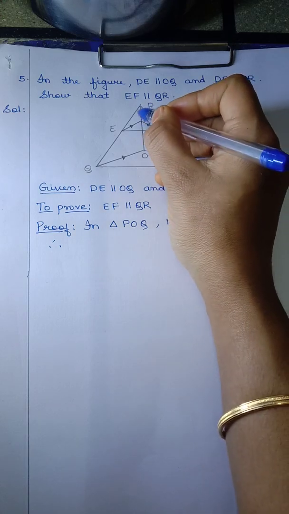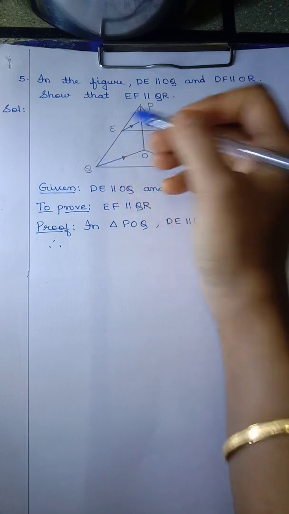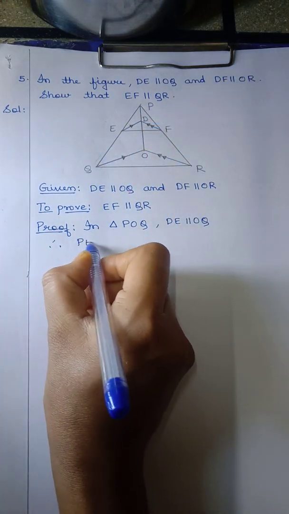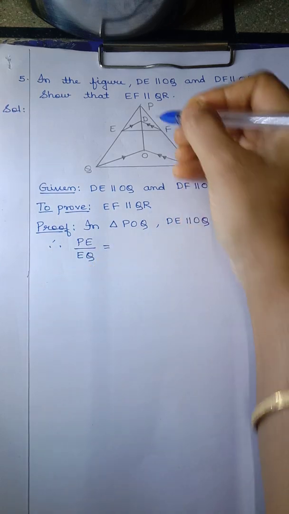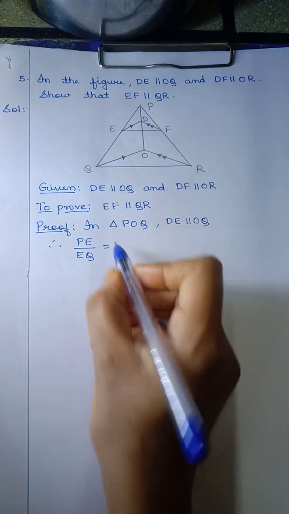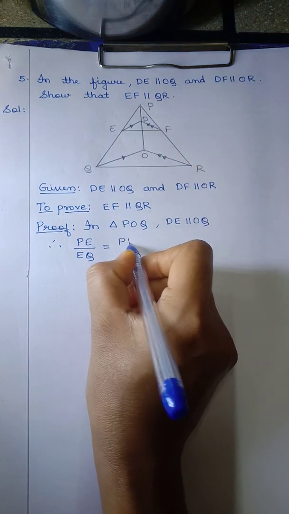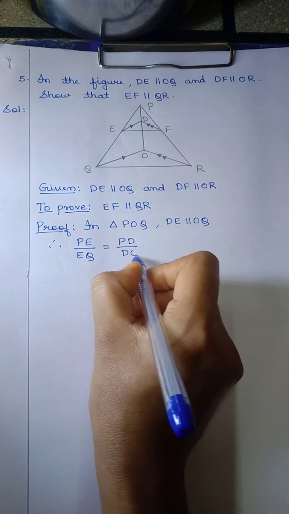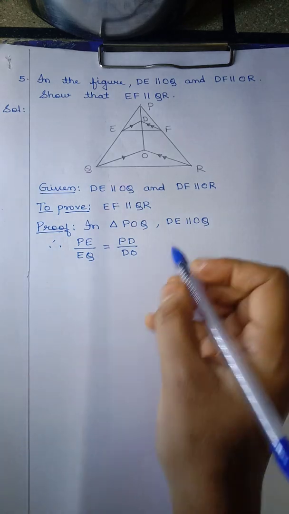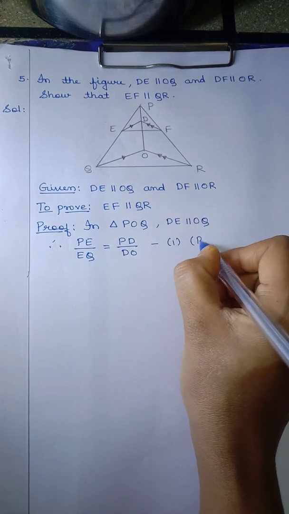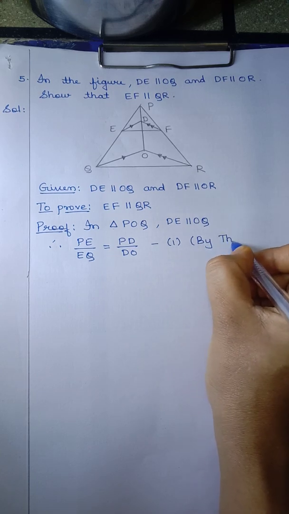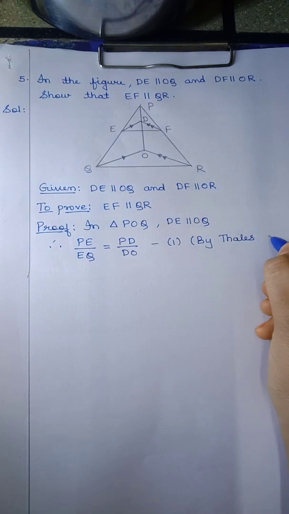Okay, so we can write PE by EQ. PE upon EQ is equals to PD upon DO. So this, let it be equation 1, and this we have written by Thales theorem.